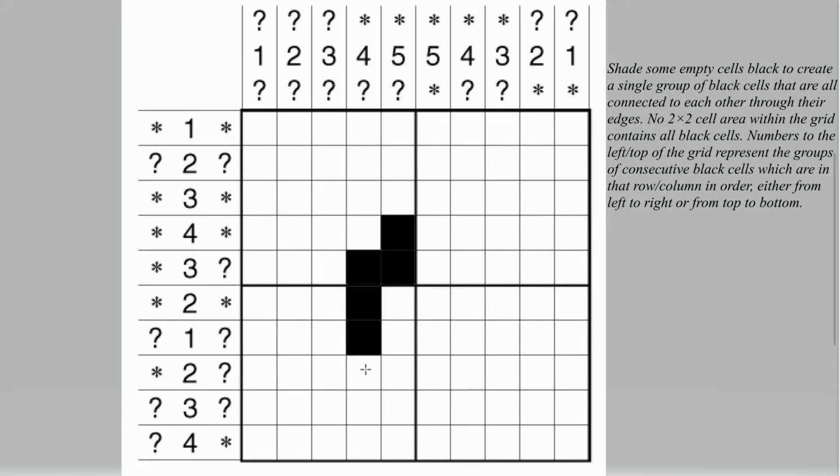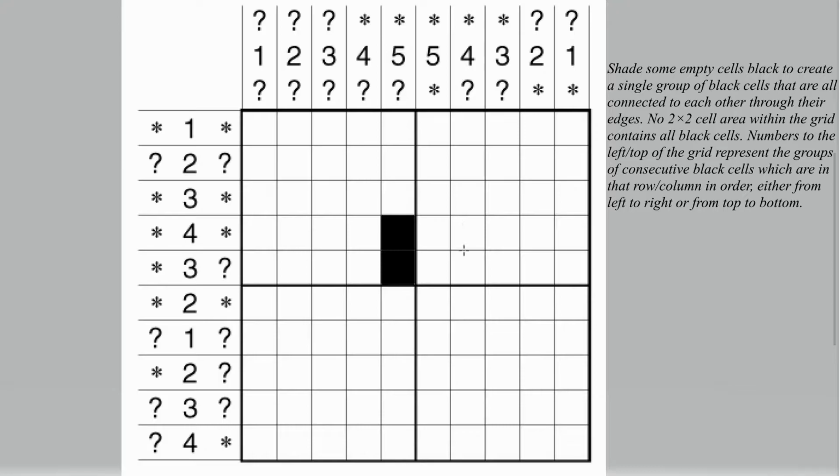Like this is 4, and it's 4 over here as well. The one thing we do know for certain is that the 4 and a 5 can't be next to each other completely. So we do know that the 4 either starts down here and goes all the way down, or it starts here and goes all the way up.